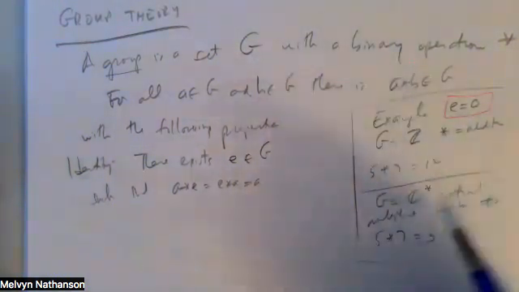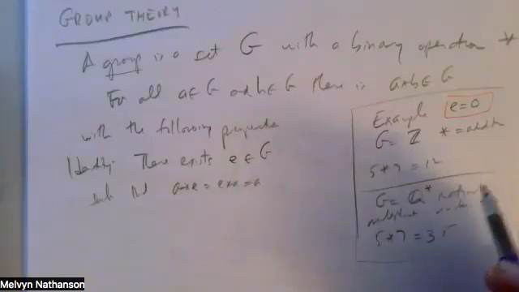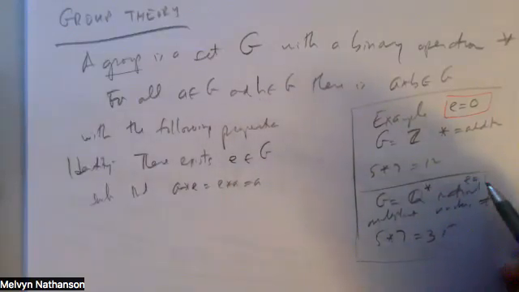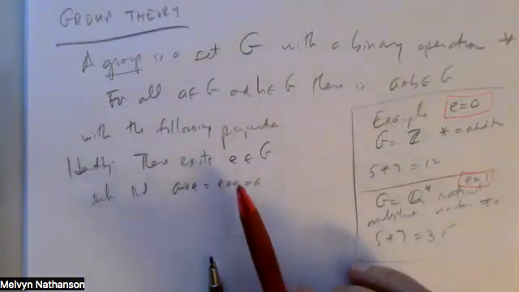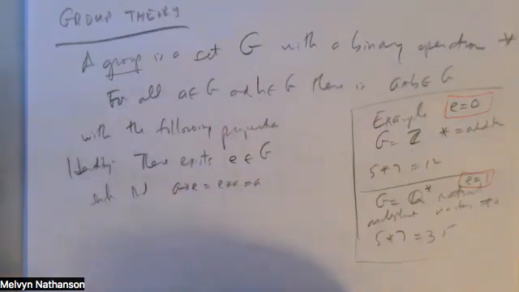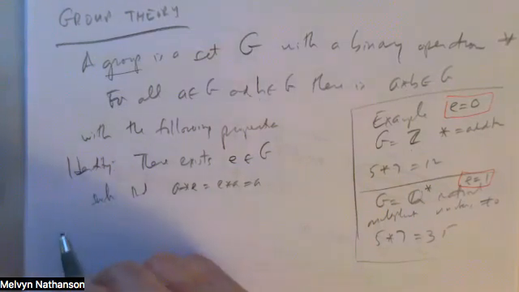If you look at the non-zero rational numbers under multiplication, the identity is the number 1. But whenever you have a group, there has to be an identity element, which is generically notated by E.